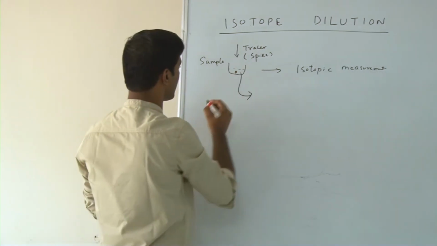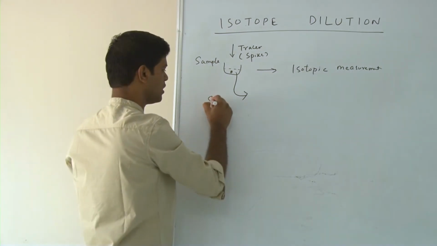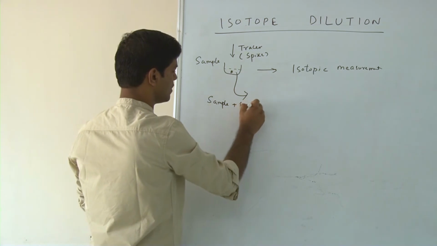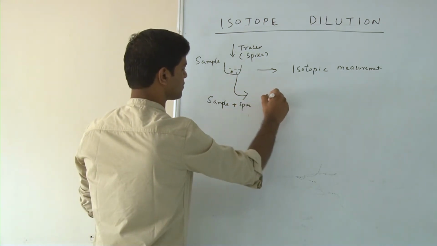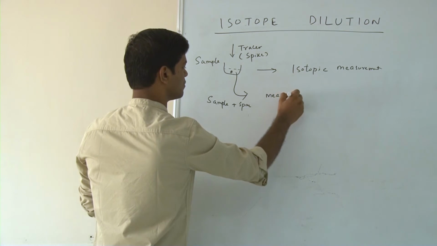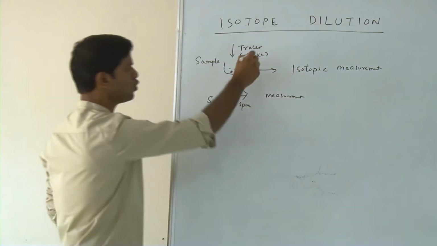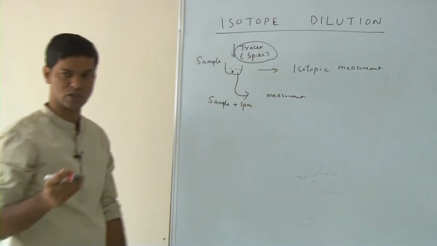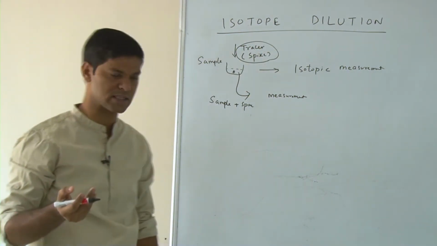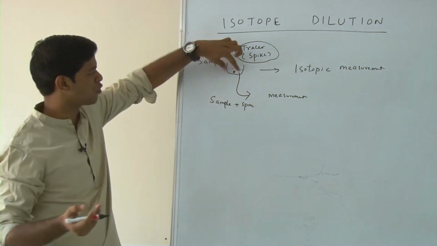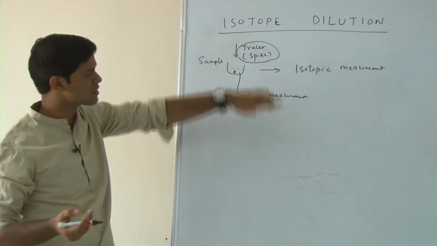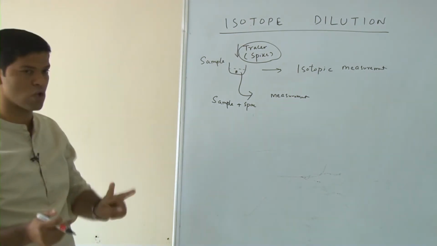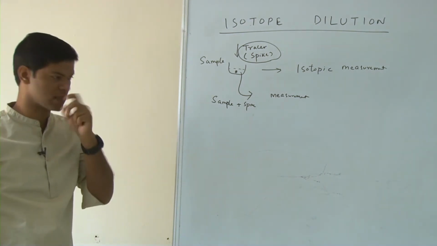Now, instead of measuring the sample, you measure the sample plus spike, this mixture. Now that you know everything, this tracer is created by you, you know all the details of its isotopic ratio, its concentration, how much is added, and what amount of sample was there. So, during this calculation you can quantify precise isotopic ratios and also the concentrations.